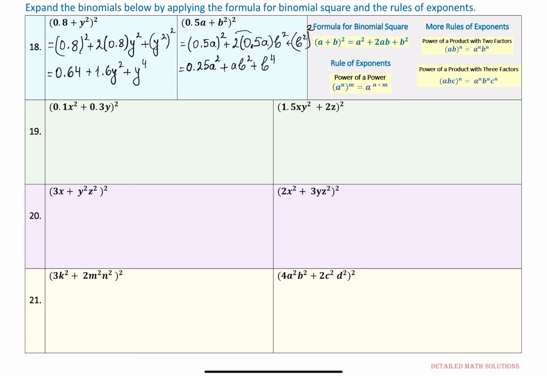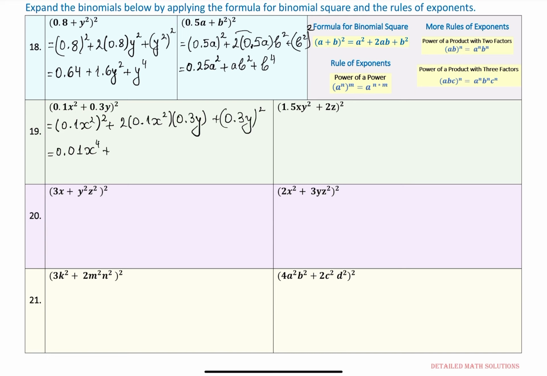Next exercise. (0.1x² + 0.3y)² is equal to (0.1x²)² plus 2 times 0.1x² multiplied by 0.3y plus (0.3y)². 0.1 squared is 0.01. (x²)² is x to the 4th power, plus.